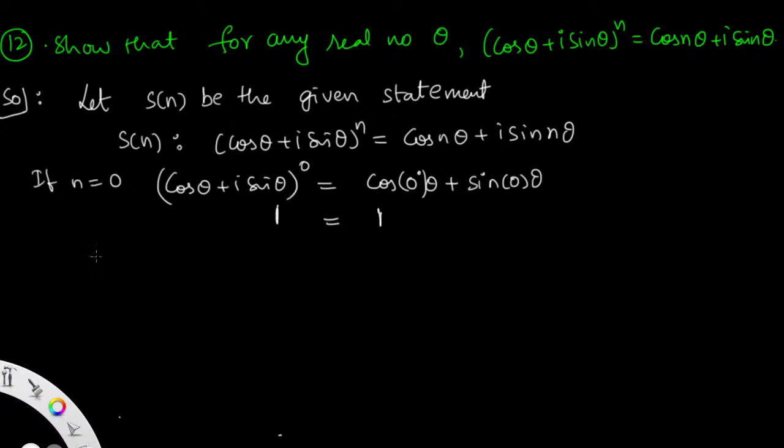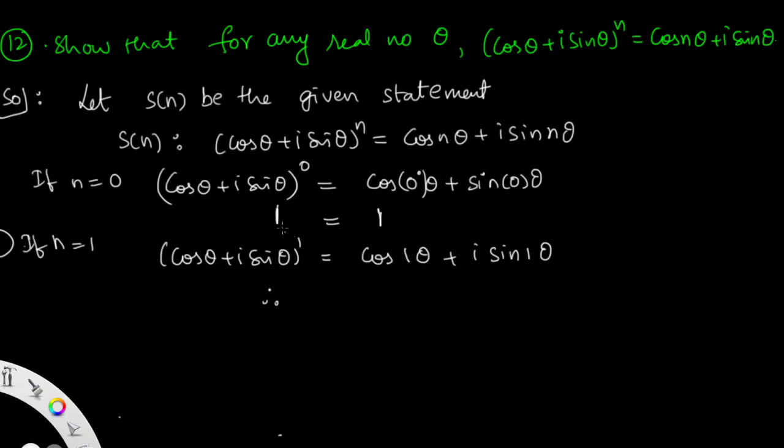Now go to the positive integer, put n equal to 1. First case, if n equal to 1, the statement (cos theta plus i sin theta) to the power of 1 is nothing but cos 1 theta plus i sin 1 theta.